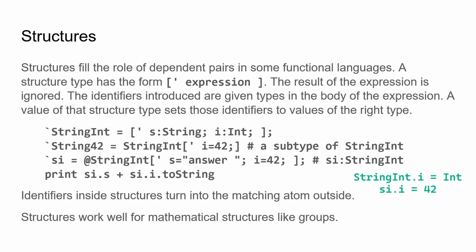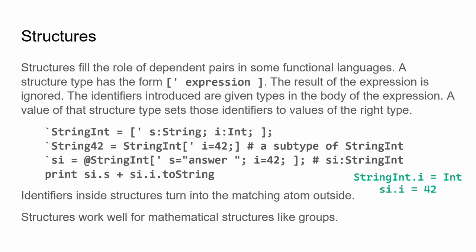All right, structures fill the role of dependent pairs, which appear in some languages. So this has the form of a left square bracket and a prime, followed by an expression and a right square bracket. And the result of the expression is ignored, and the identifiers introduced, which can reference each other, are given types in the body of the expression.